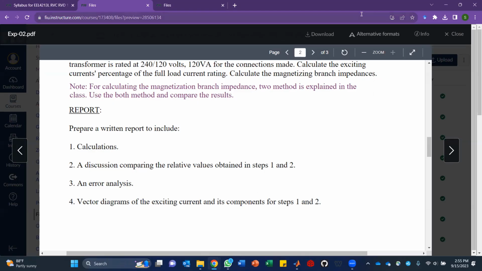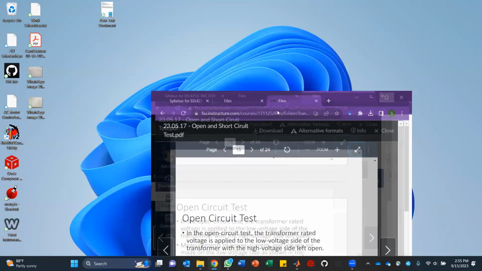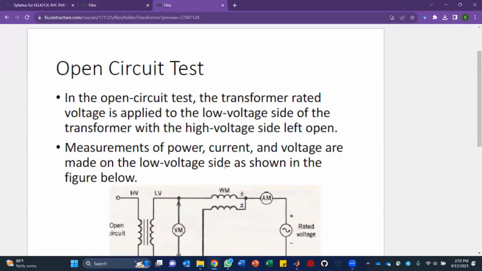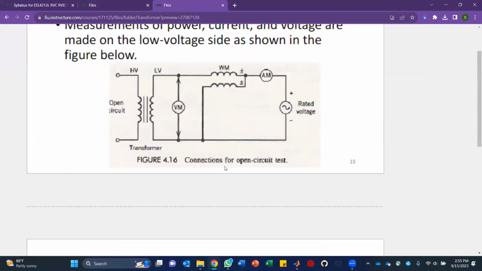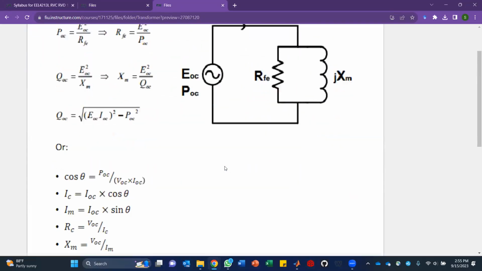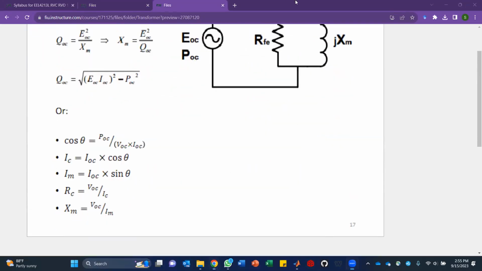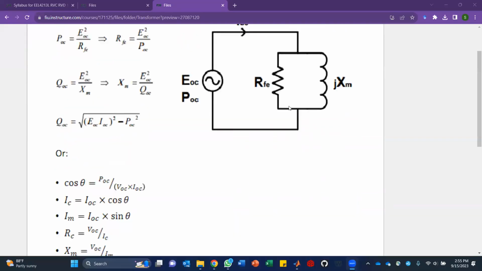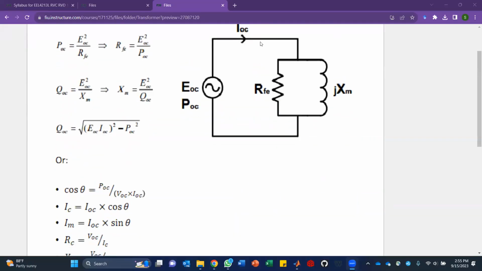Let me give you an example of that vector diagram so that it will be easier for you to grasp the idea. So let's use this space. If this is the circuit that we are looking at, a vector diagram will look something like this.